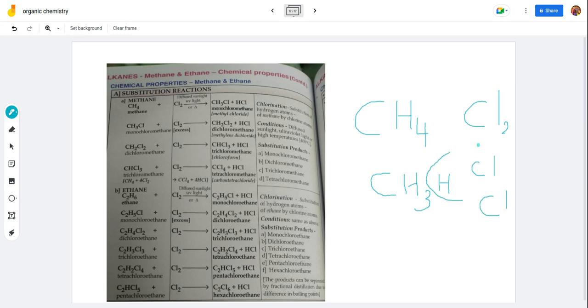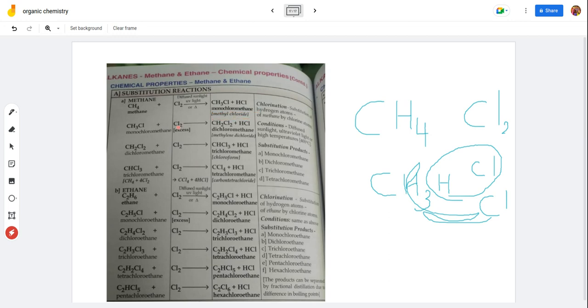HCl will be removed. So you can see HCl, CH3Cl, which is nothing but monochloromethane or methyl chloride. CH4 plus Cl2, one hydrogen and Cl will combine and be removed as HCl, and one of the hydrogen atoms is substituted with chlorine, so CH3Cl, monochloromethane, methyl chloride.